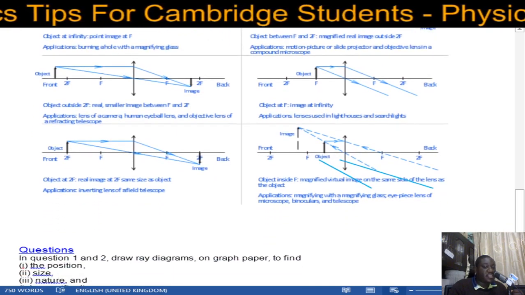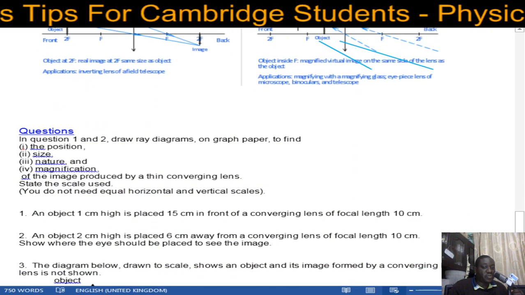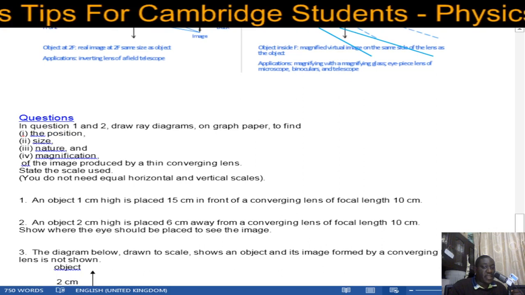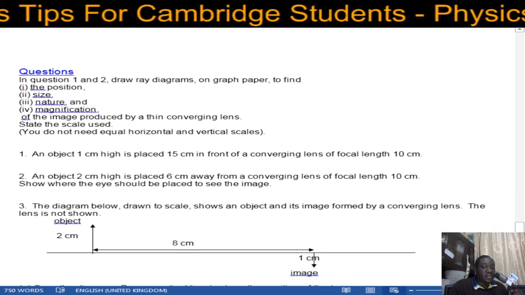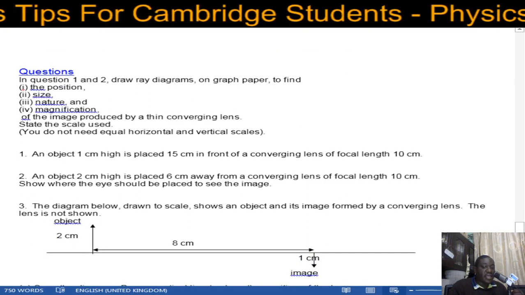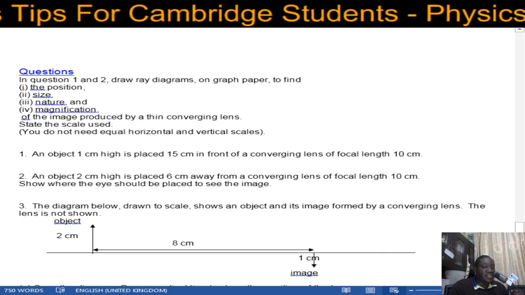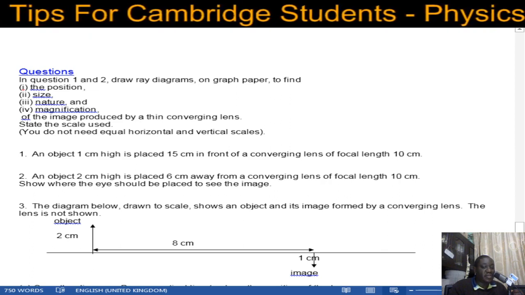I think that is the end of lenses. So this topic is mostly done as practice. So you need to grab a piece of graph paper and do each of these rays so that you test your knowledge about them.